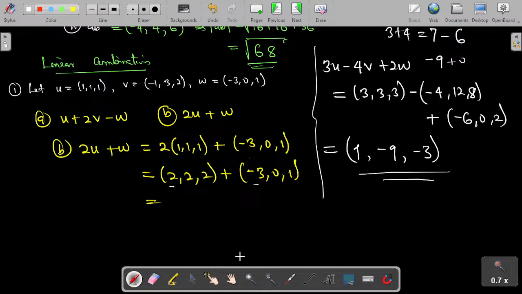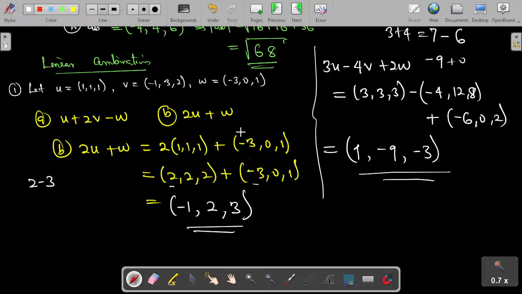It shouldn't be a problem. 2 plus minus 3, plus minus is minus, so that gives 2 minus 3, which is equal to minus 1, comma. The second component, 2 plus 0 is 2, comma. The third one, 2 plus 1 is 3. And you are done. This is your answer. I hope you've understood it now, Chisom.